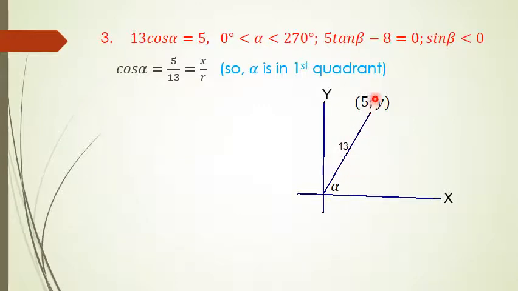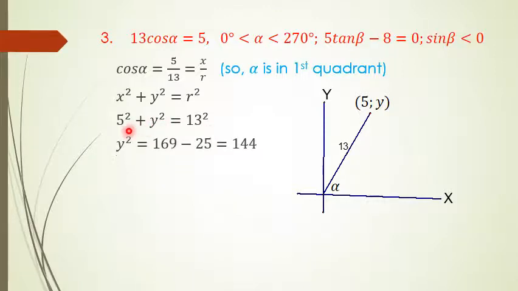Now we need to calculate y. So we'll use Pythagoras theorem. X squared plus y squared equal to r squared. In making the substitutions, we have 5 squared plus y squared equal to 13 squared. Making y squared the subject, we have y squared equal to 169, that's 13 squared, minus 25, which is 5 squared, and that simplifies to 144.